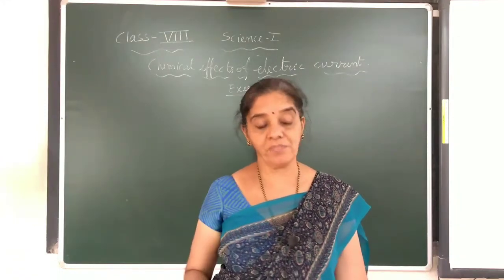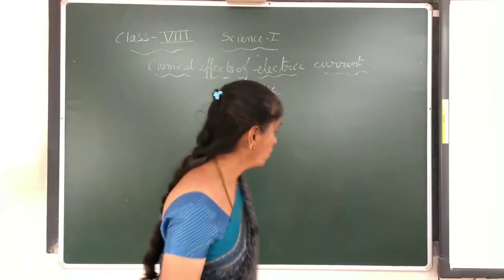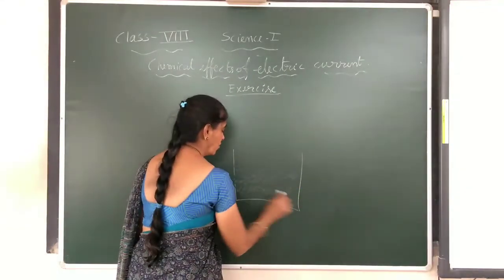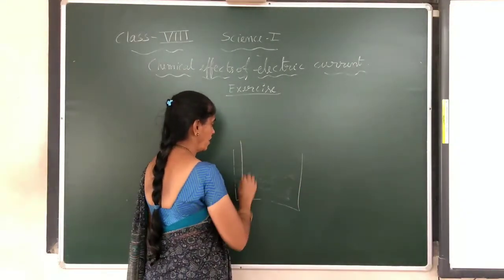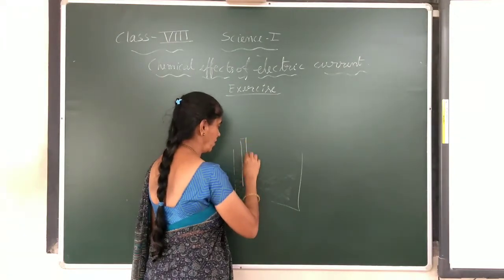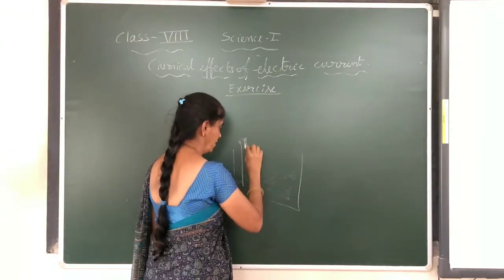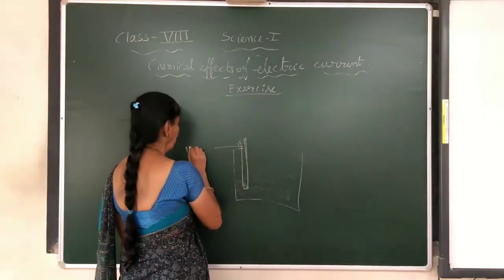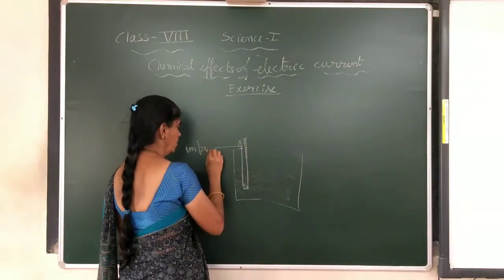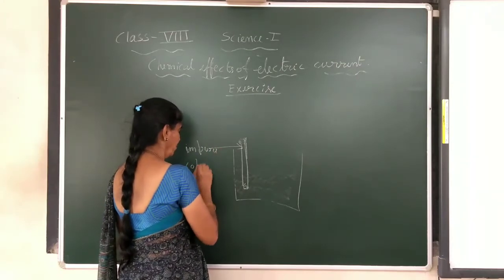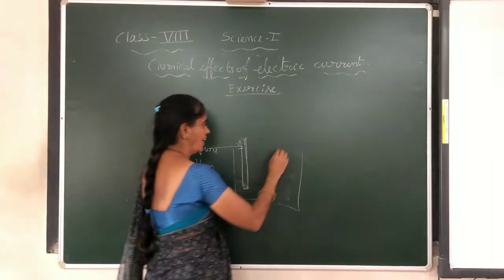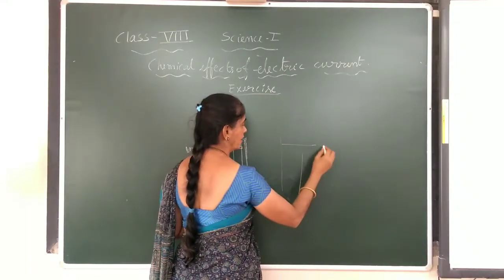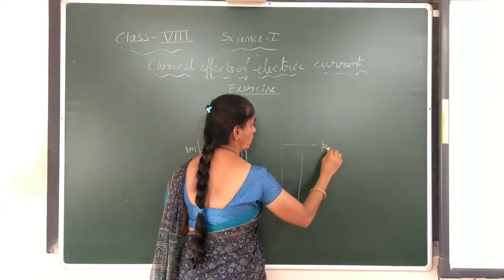I will show the diagram. In the container you have to take the electrolyte, and this is the thick rod, which is impure copper, and a thin plate is taken, which is pure copper.